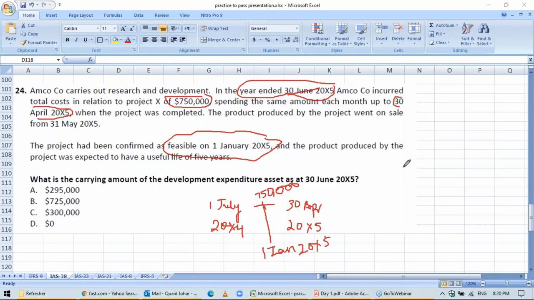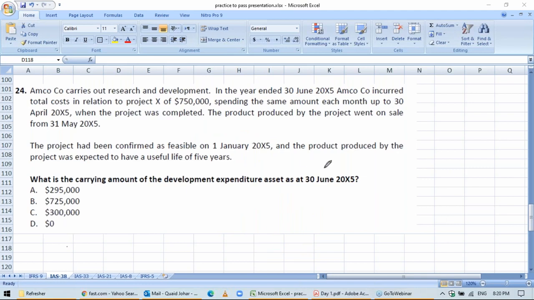So let's design the answer to this question. What happens first of all? From July 2004 till 31st December 2004, record expense.